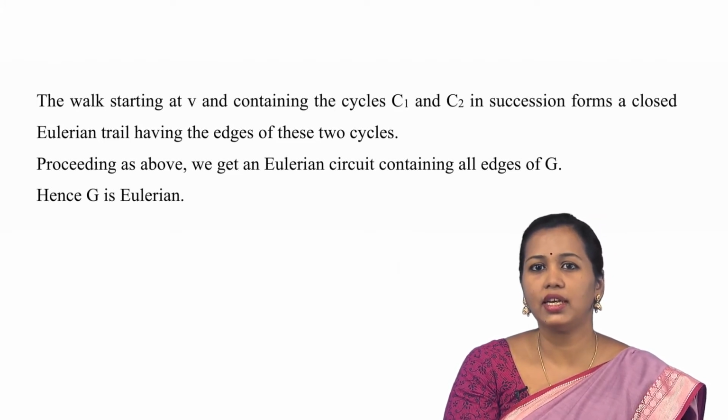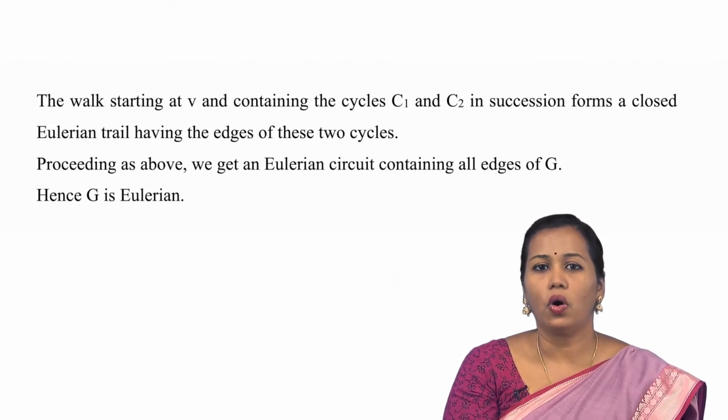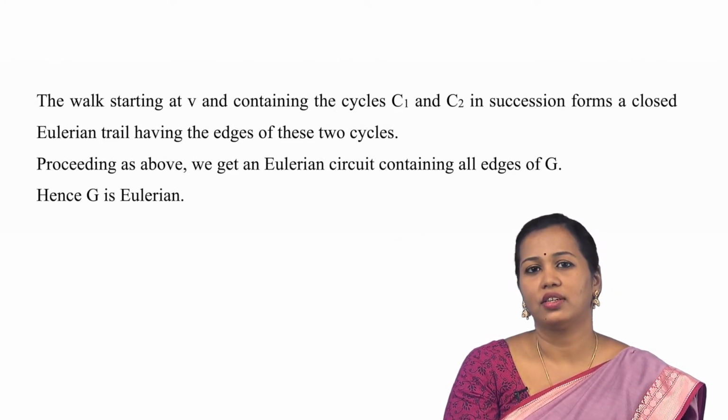Proceeding as above, we get an Eulerian circuit containing all the edges of G. Therefore, G is Eulerian. We have now proved the equivalency of all the statements, and hence the theorem is proved.